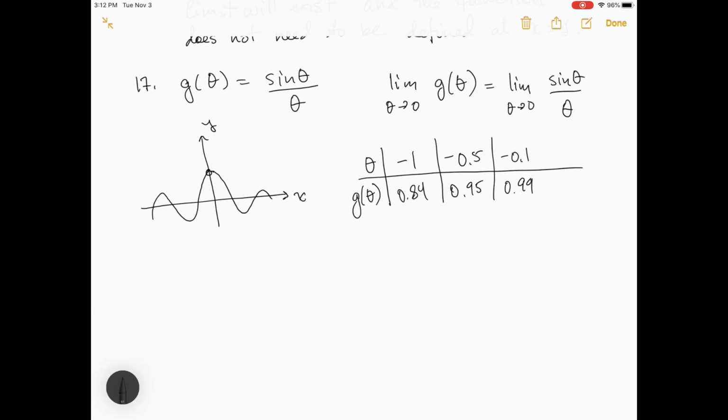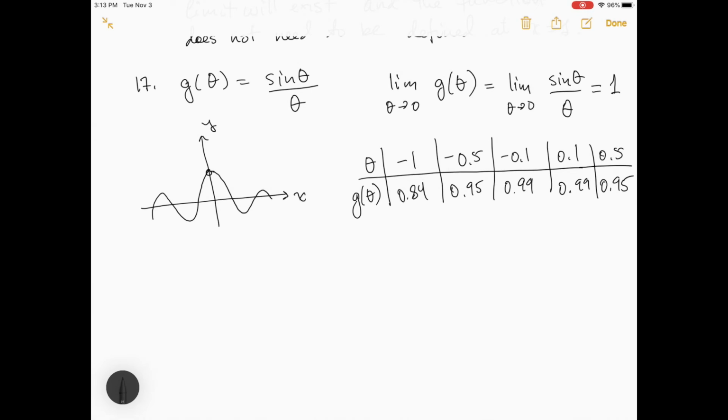And similarly, at value 0.1, it's equal to 0.99. And at 0.5, it's equal to 0.95. So we see that from the right-hand side and from the left-hand side, the function approaches the value 1. So we can conclude that the limit is equal to 1.